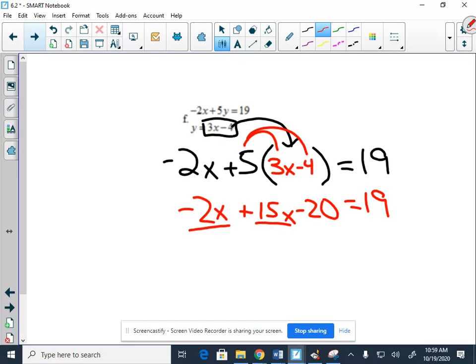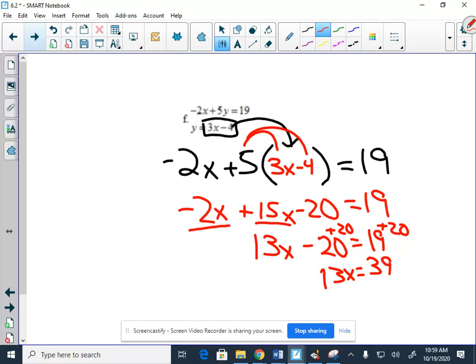Negative 2x plus 15x is 13x. Subtract 20 equals 19. We'll add 20 to each side. 13x equals 39. Divide by 13. X is 3.